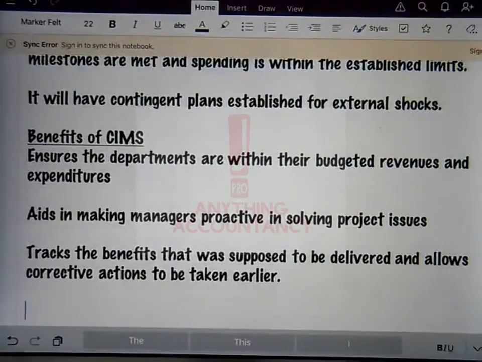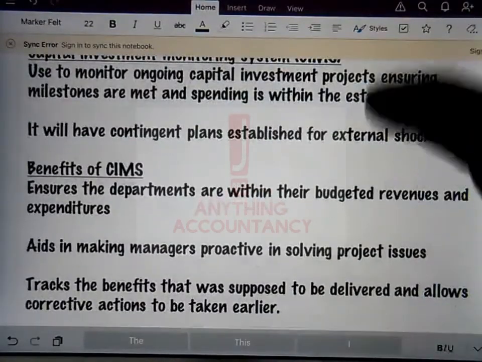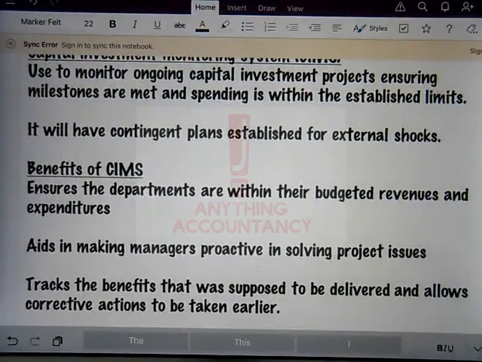That should be enough. I've broken the question into what are the characteristics and what are the benefits. Does that make sense?